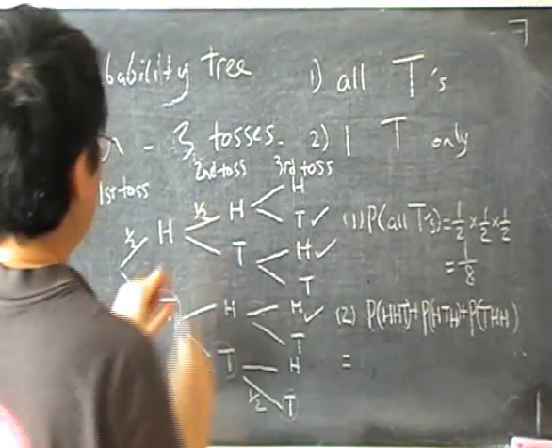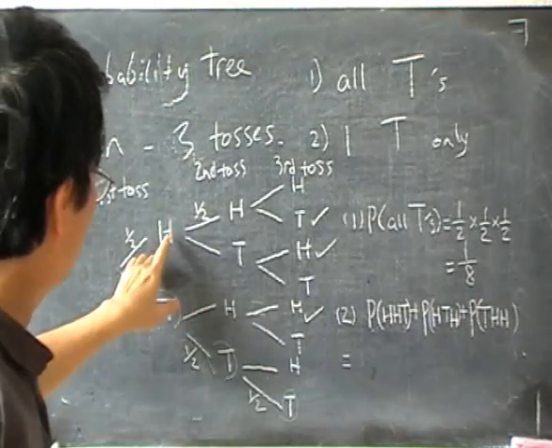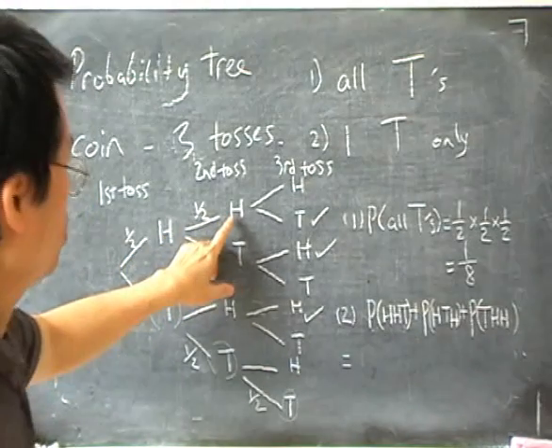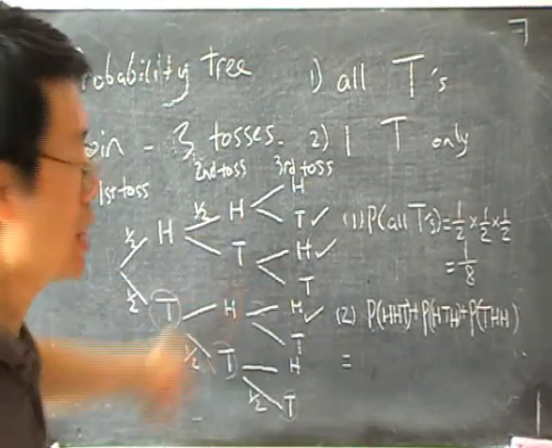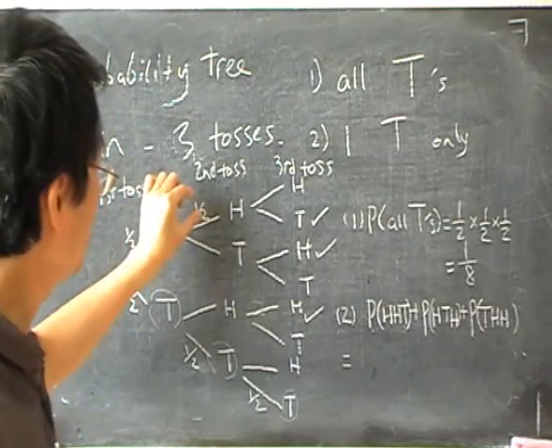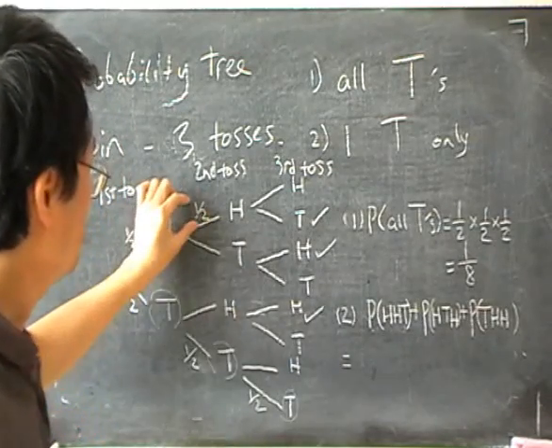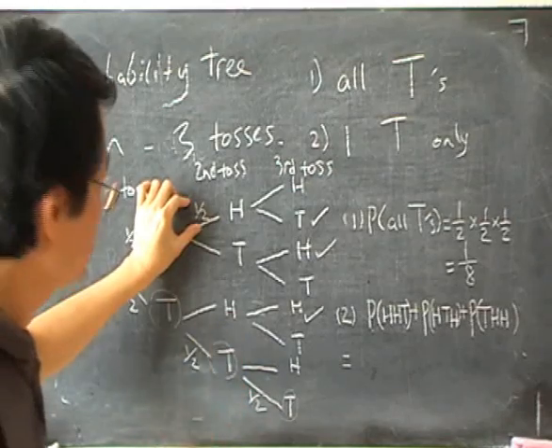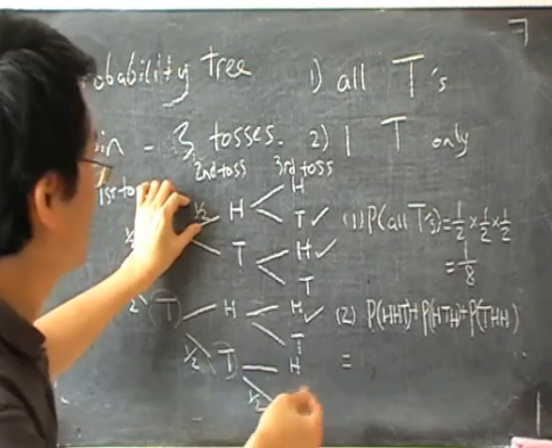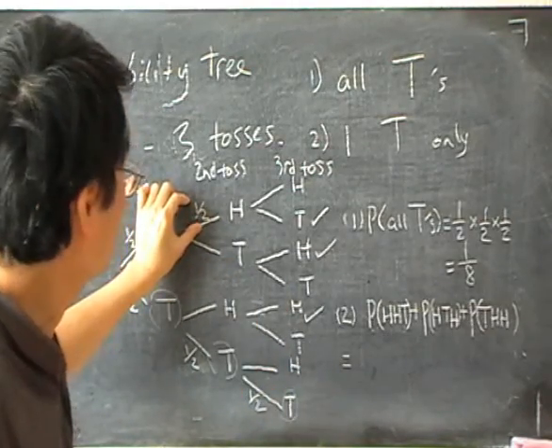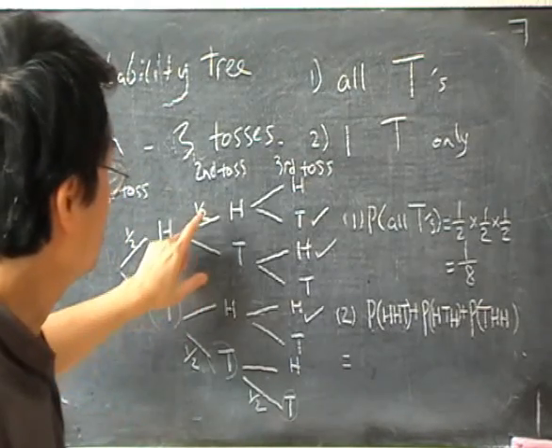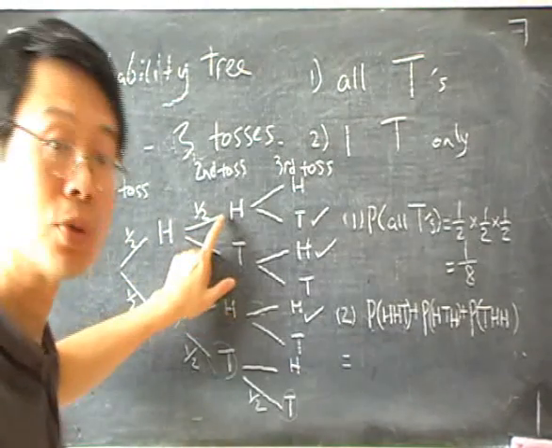So this will be half, because this branch means that after the first toss, I toss it again a second time and I get a head. So the probability of this branch is only for that second toss itself. And when I do the second toss, it's equally likely to get a head or a tail.